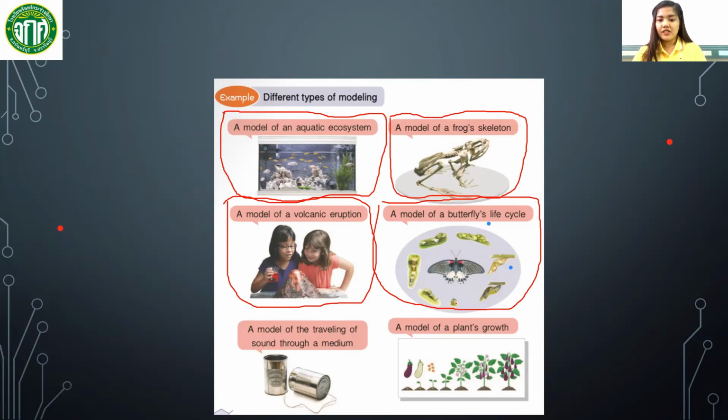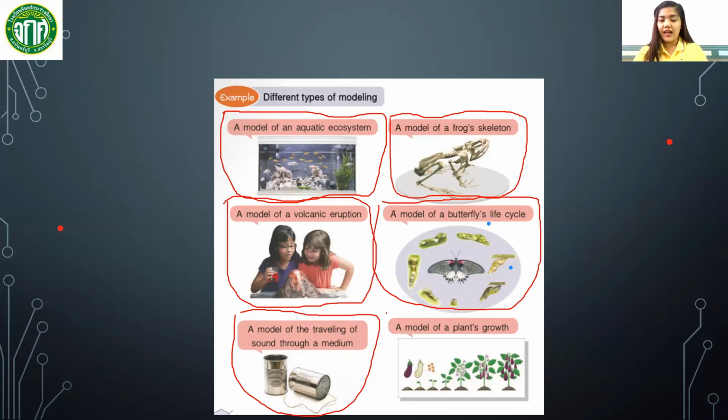All right. So next, the fifth one, a model of traveling of sound through a medium. So in here we use two cans and strings, so that it represents the traveling of sound through a medium.